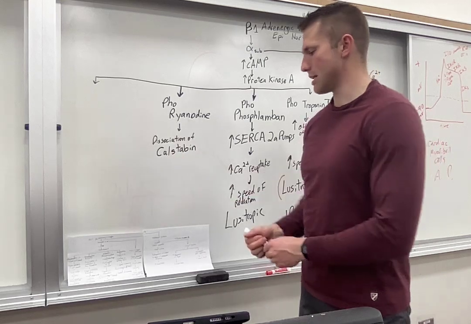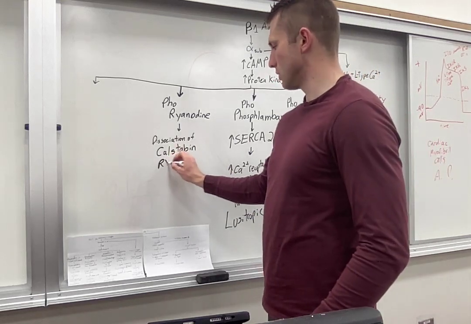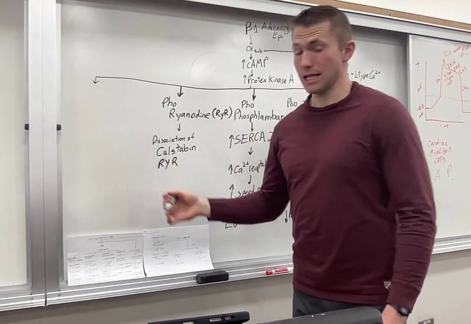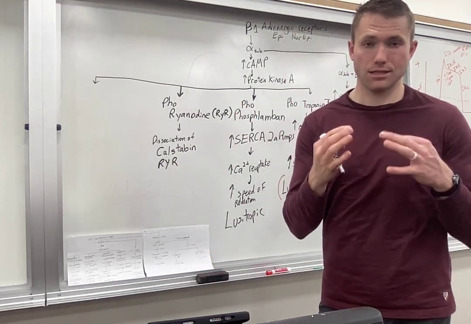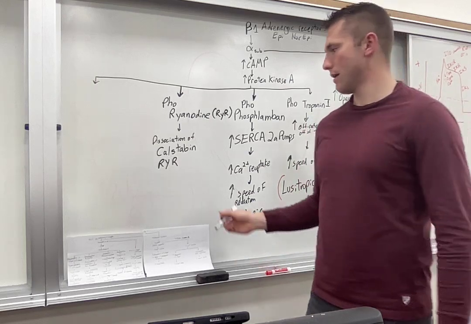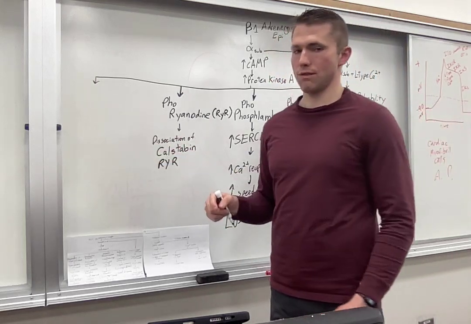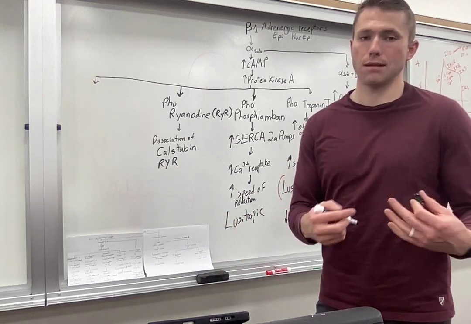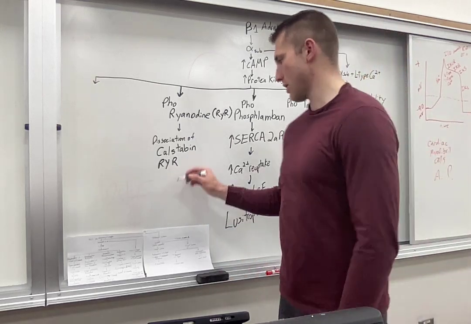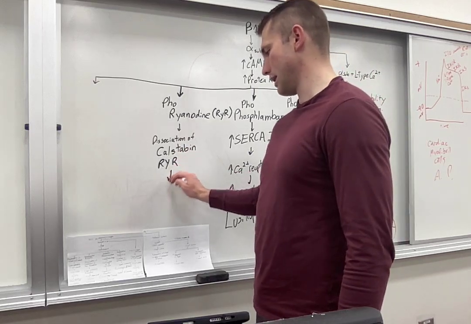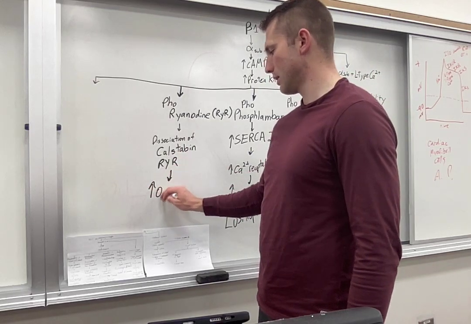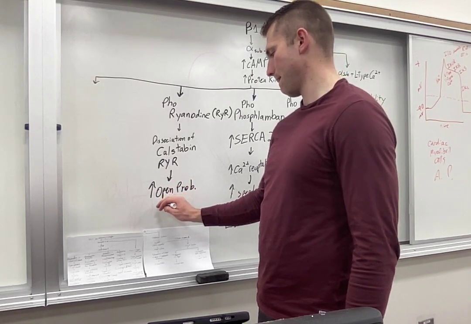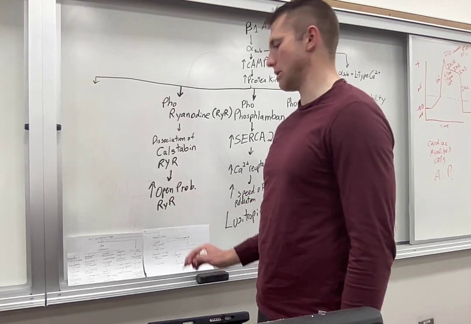If calstabin is bound to ryanodine receptors, then it keeps calcium inside that sarcoplasmic reticulum, the SR. So if it causes a dissociation of that, no more calstabin, then calcium is going to get out because it's no longer staying in by calstabin. Okay, so this leads to increased open probability of ryanodine channels.